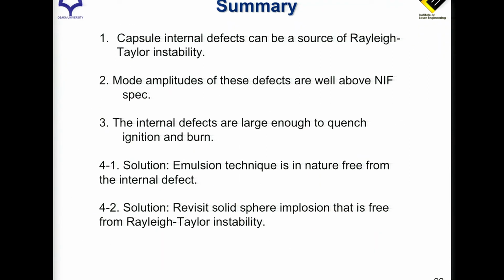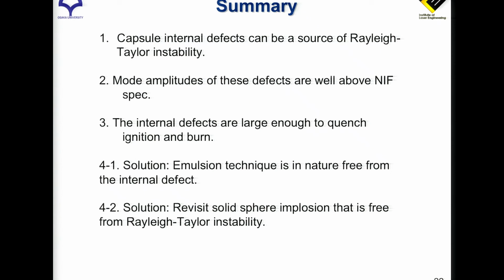So, in summary, capsule internal defects can be a source of strong Rayleigh-Taylor instability, and the mode amplitudes of these defects are well above NIF spec, so it's bad. And the internal defects are large enough to quench ignition burn.